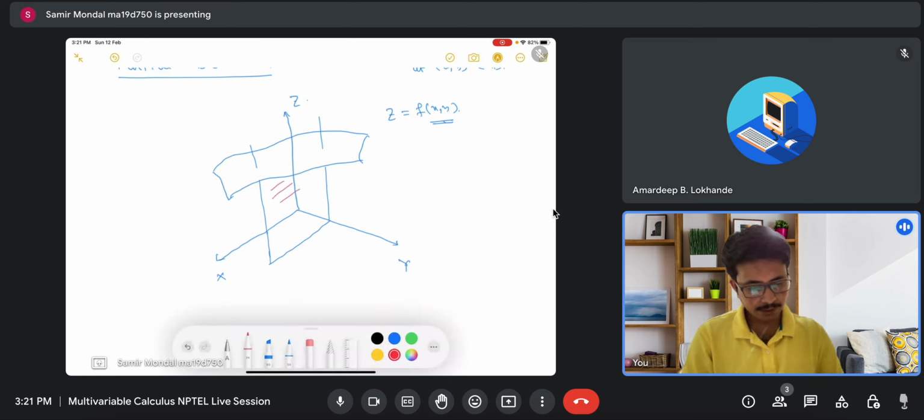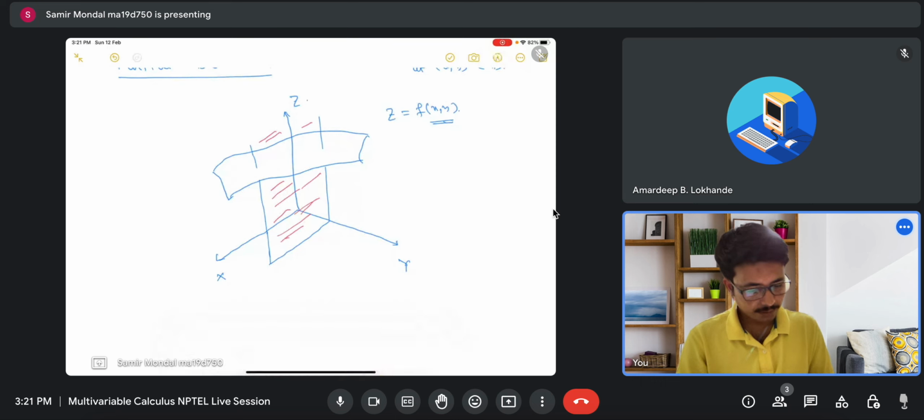We will get this plane. This is your y equal to b plane, and this is your surface.